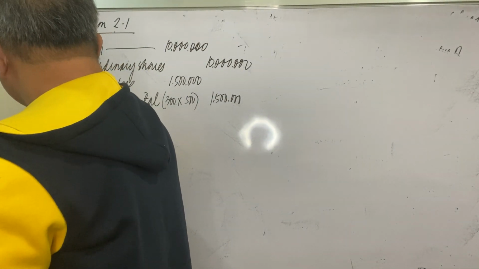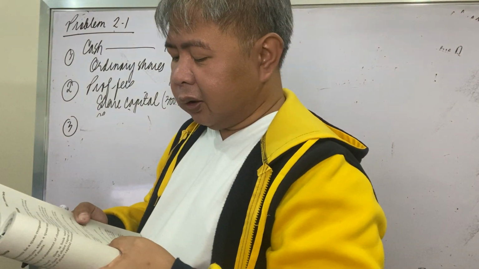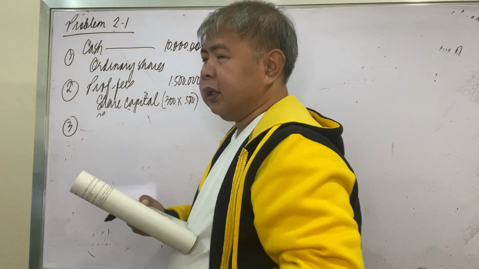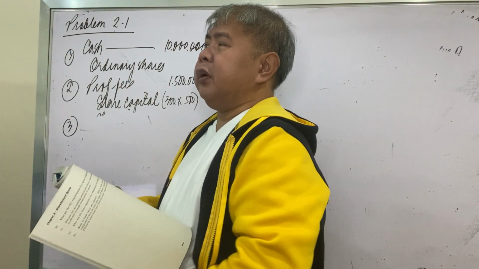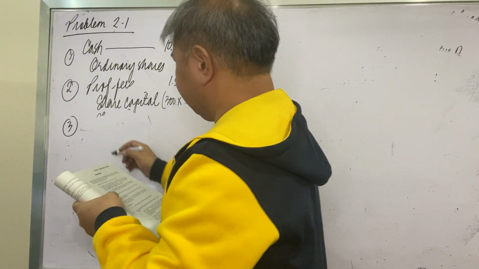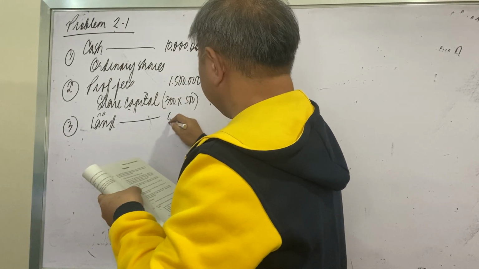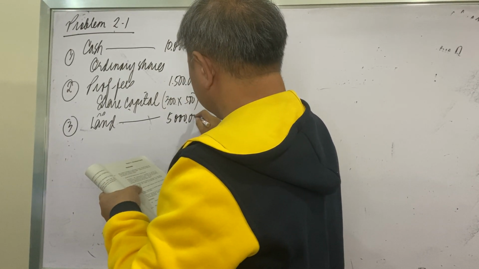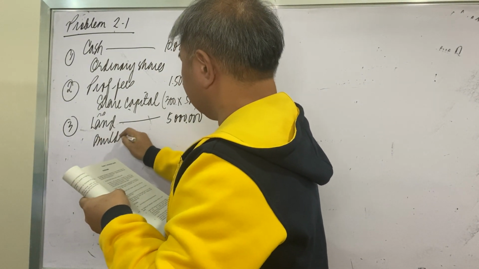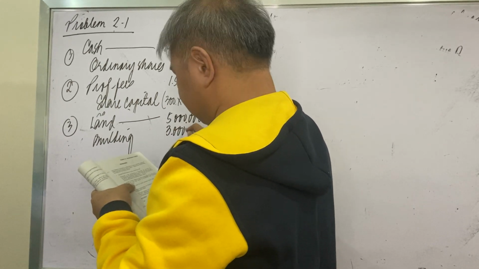Number 3. Issue 12,500 ordinary shares in exchange for land and building with fair values. Again, non-cash consideration, so we have to record the transaction using the fair market value of the assets involved. You have land, and the fair market value of the land is 5 million pesos. And then you have the building for 3 million pesos.